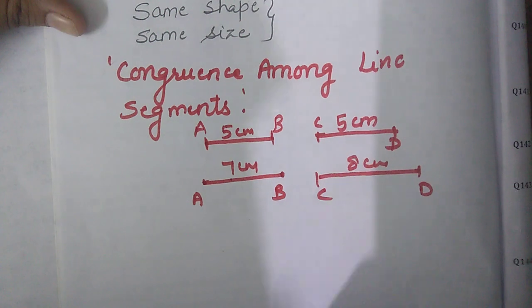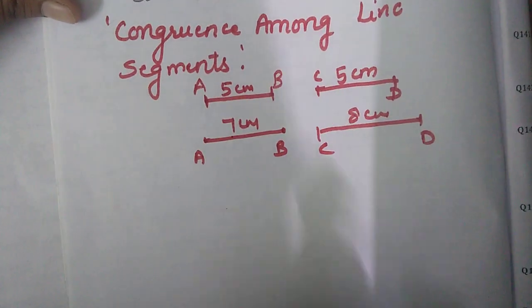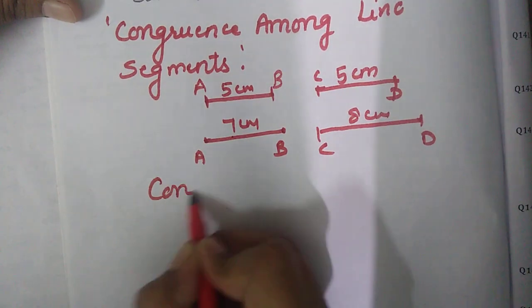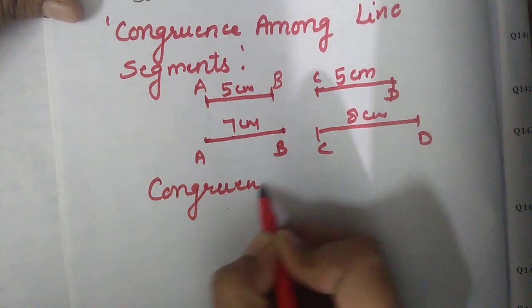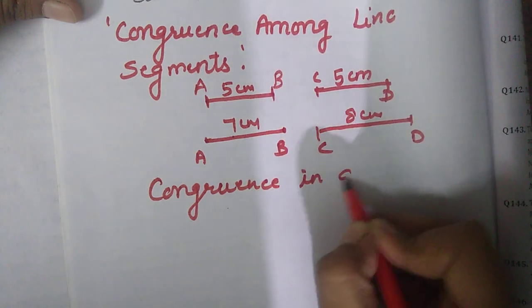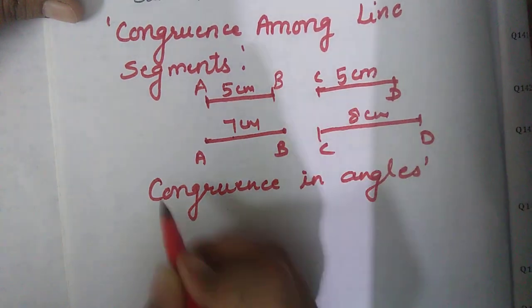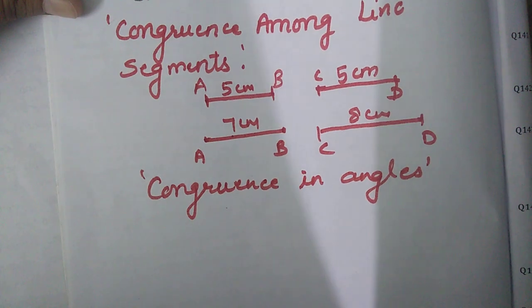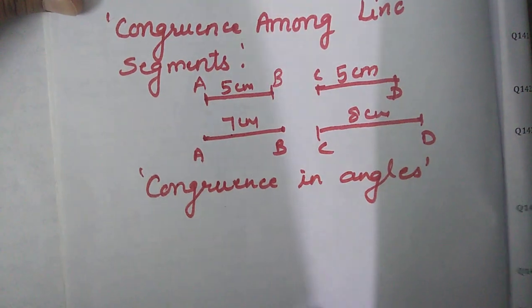Now, in the same way, what do we mean by congruence in angles? Congruence in angles means angles having the same measurement.